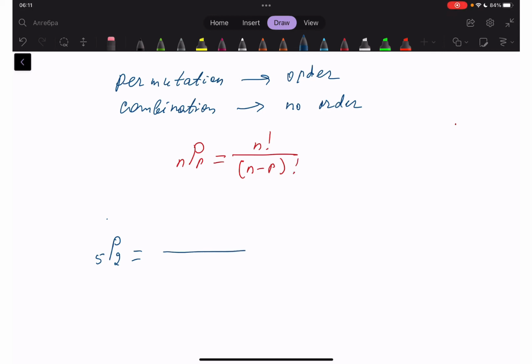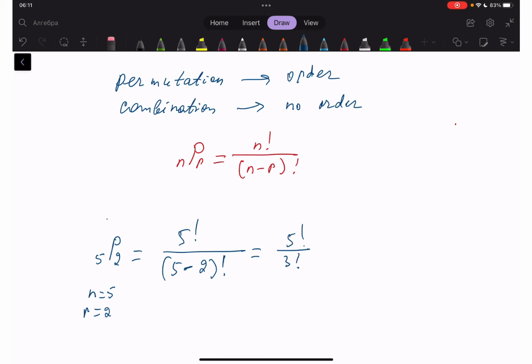It's going to be, my n is 5, right? And r is 2. 5 factorial over 5 minus 2 factorial. Okay, so here I will have 3 factorial, here I will have 5 factorial.